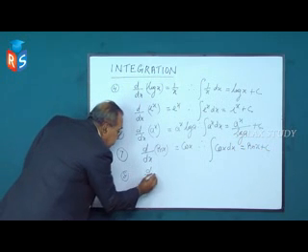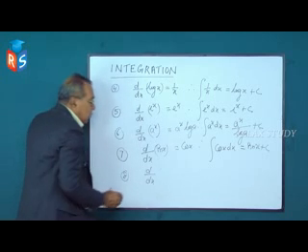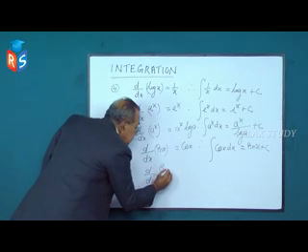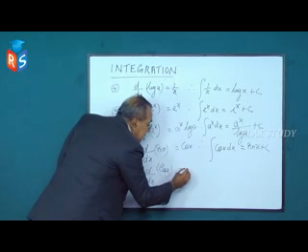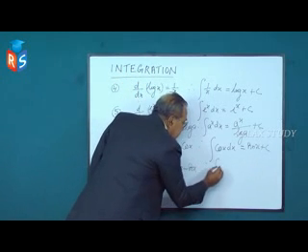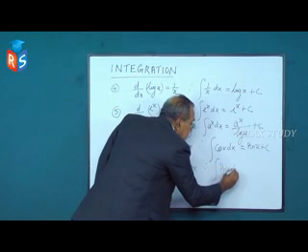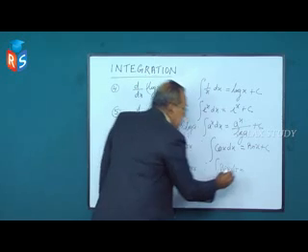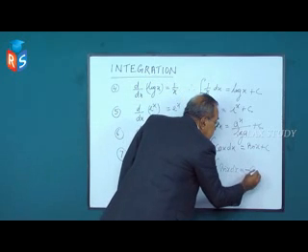D by dx of cos x is equal to minus sin x. Therefore, the integral of sin x dx is equal to minus cos x plus c.